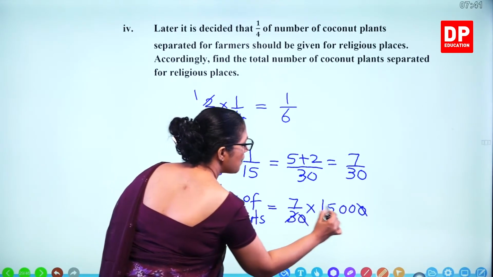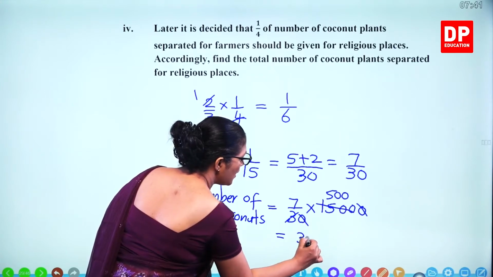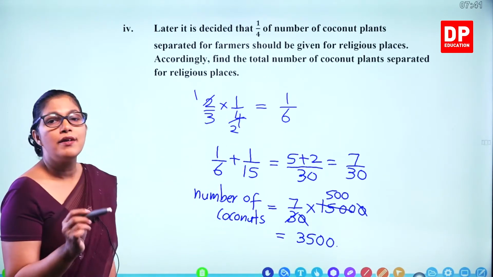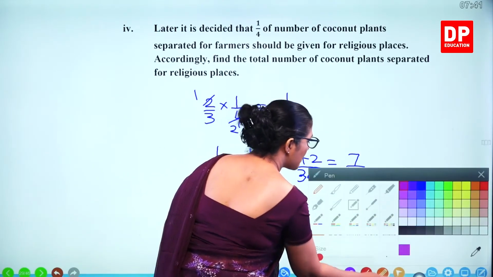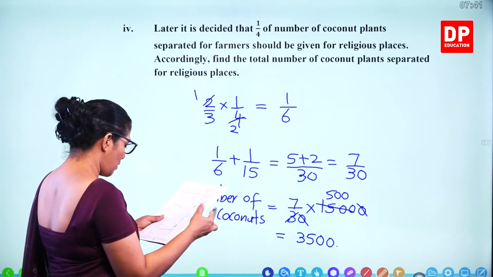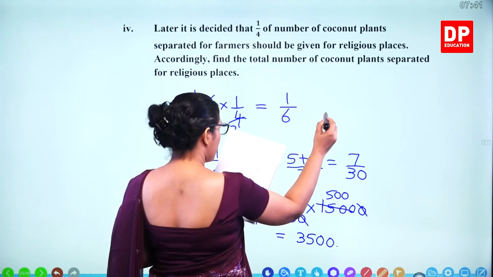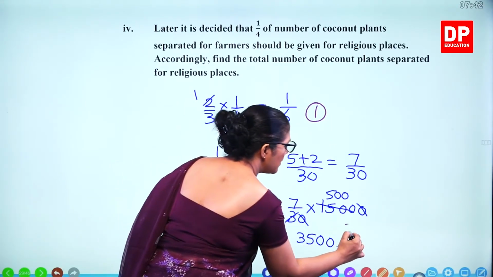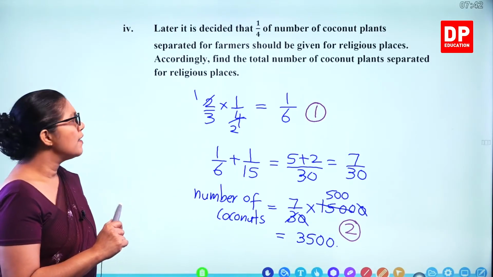So 3 times 5, so 500 into 7, 3,500 coconuts given for the religious places. So how many marks? According to the marking scheme, finding this one you get 1 mark and finding the final answer 2 marks. So altogether we gave 10 marks for the first question.